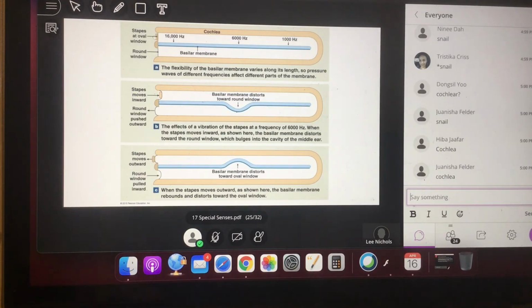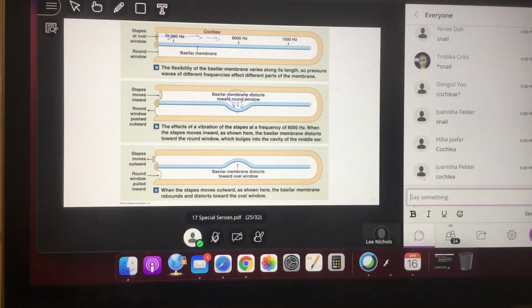But when the stapes vibrates the oval window, all of this up here is filled with fluid, and it will vibrate the sound out from the oval window. And if the sound is at a certain frequency, it will actually bend the membrane between these two spaces that contains the organ of Corti.